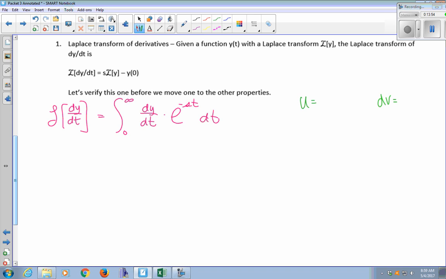You typically choose dv to be the most complicated looking thing that you can still integrate. But I'm just going to tell you how to do this. All right, so e to the negative st, that's going to be my u. And then the dy/dt dt thing is going to be my dv.